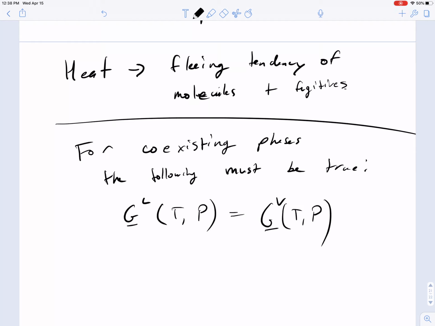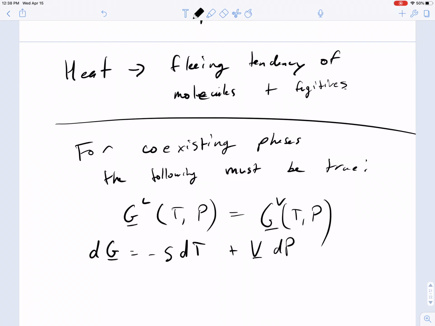Now, if we go back a number of lectures to our thermodynamic state functions, we can show and recall that a small change in the Gibbs free energy can be broken up into the small changes due to a change in temperature plus the dP term here.